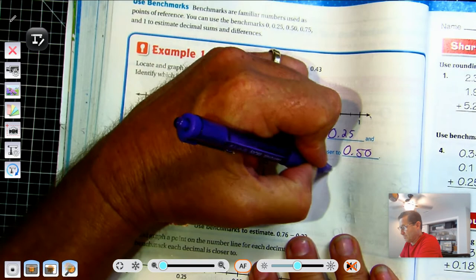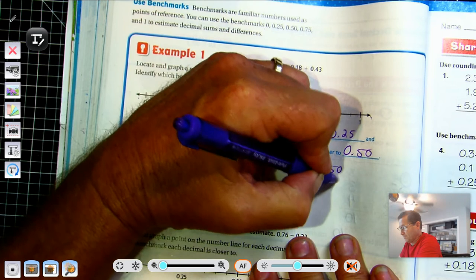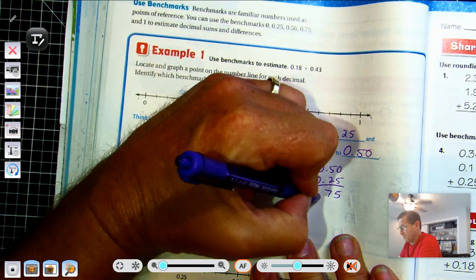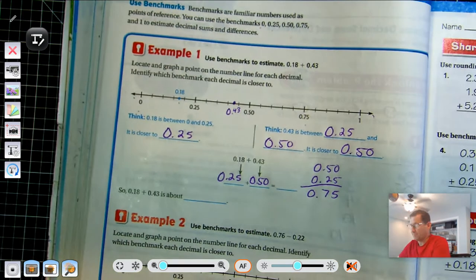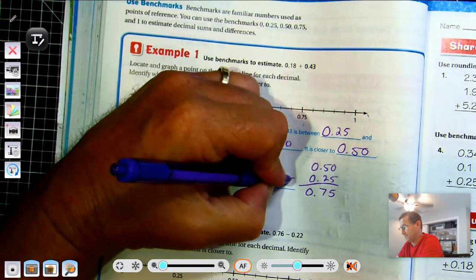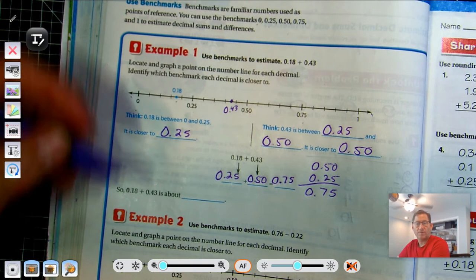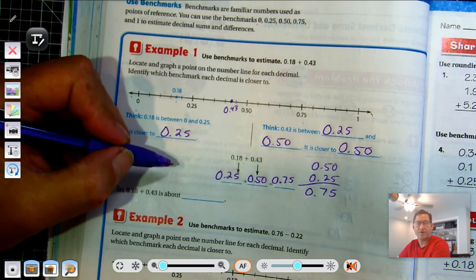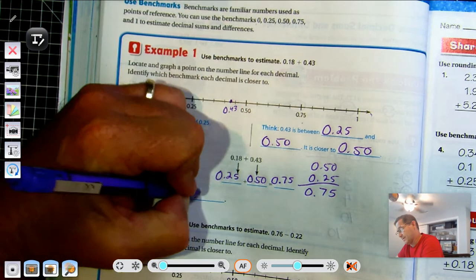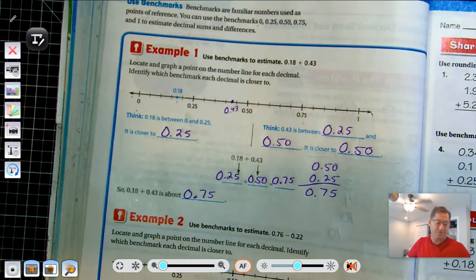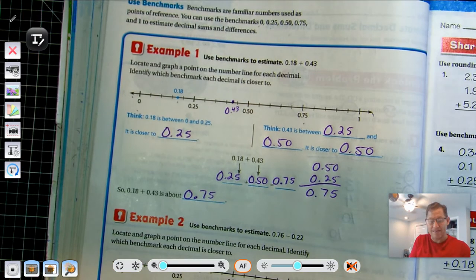So 3/4 is 75 cents. So 18 hundredths plus 43 hundredths is about 75 hundredths.